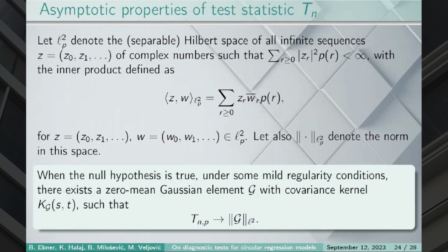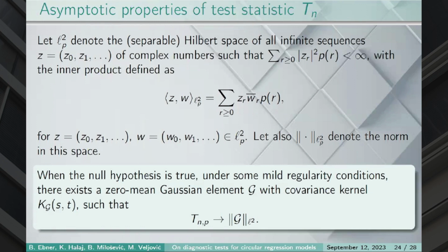Now we will move to the asymptotics of the test statistic Tn. Let L squared denote the separable Hilbert space of all infinite sequences of complex numbers such that the weighted sum of squared moduli is finite. If we define the inner product and norm in the standard way, then under the null hypothesis and some mild regularity conditions, there exists a zero mean Gaussian element with a covariance kernel such that the test statistic converges to the norm of that Gaussian element.